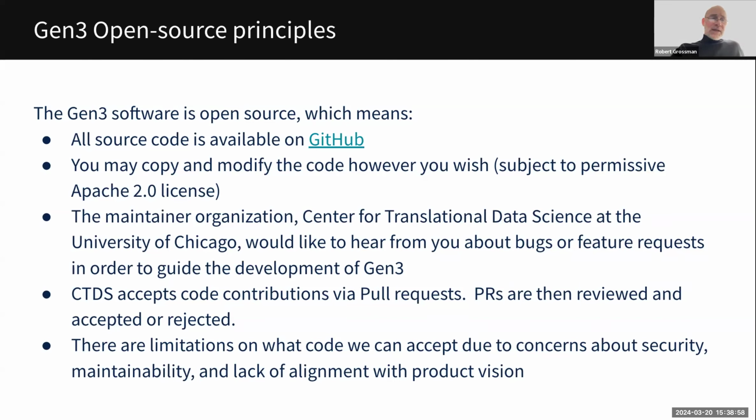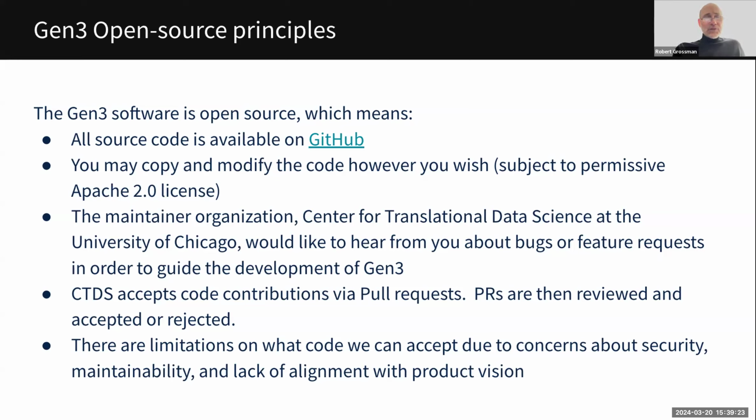But the purpose of this call is to announce the availability of some dedicated resources, not full resources, but significant fractions of resources that are there to respond to community pull requests.